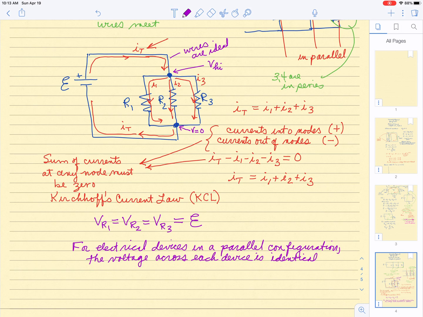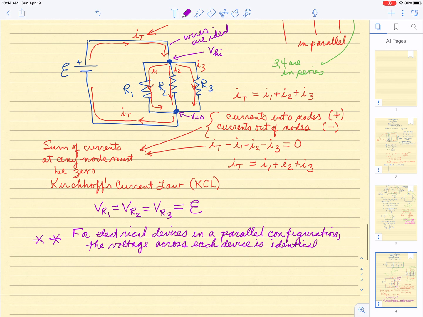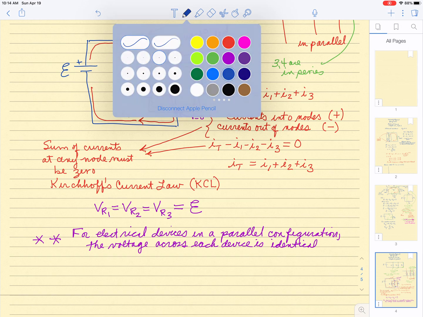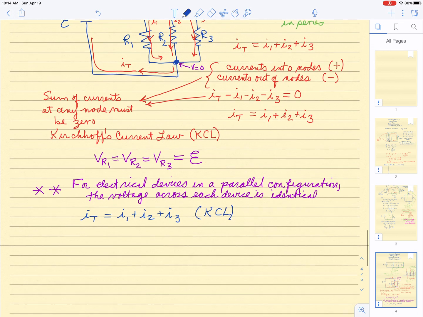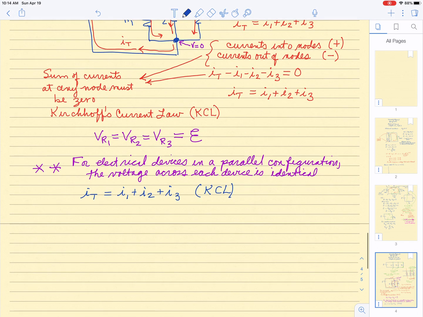Okay? Again, that's an important principle. So we can take our circuit now, and we know that I total is equal to I1 plus I2 plus I3 by Kirchhoff's current law. And we can now use Ohm's law.